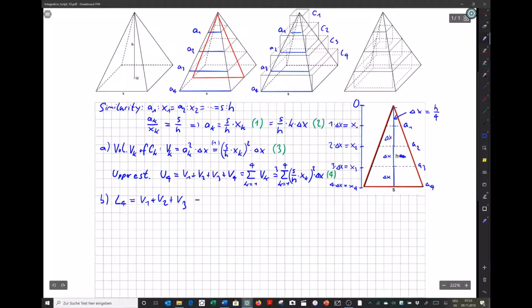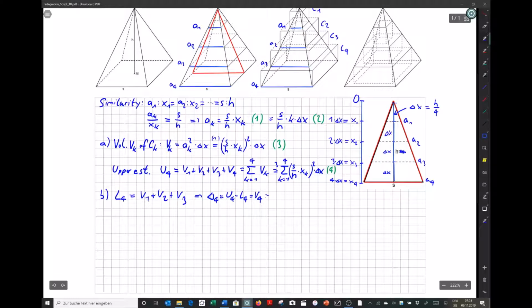And we get for the difference delta 4 between upper and lower estimate exactly the volume V4, which using number 3 is just S divided by H times X4, the whole thing squared, times delta X. And using that X4 is actually S, we get S to the power of 4 divided by H squared times delta X, which is H divided by 4.